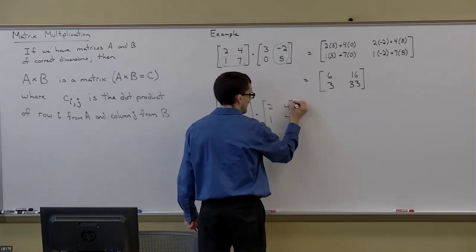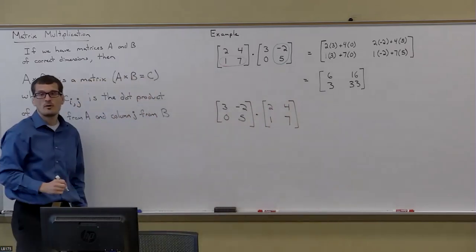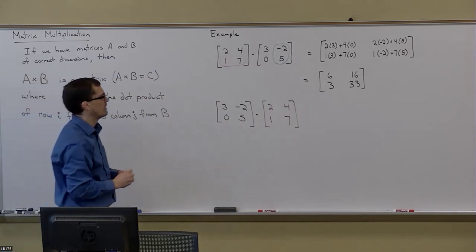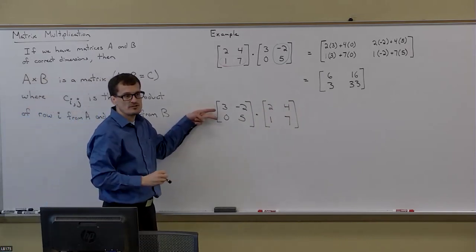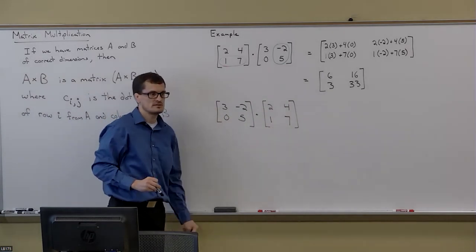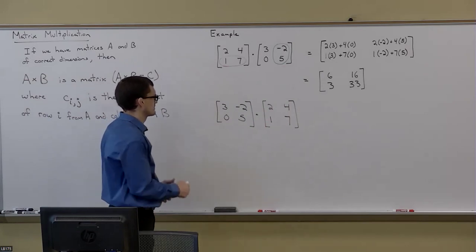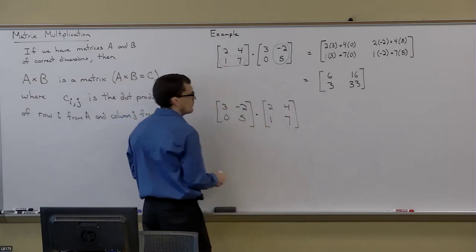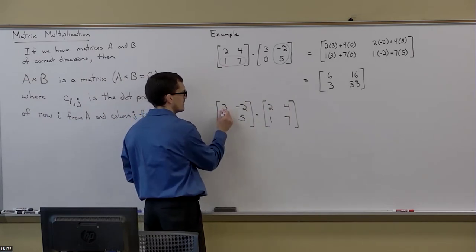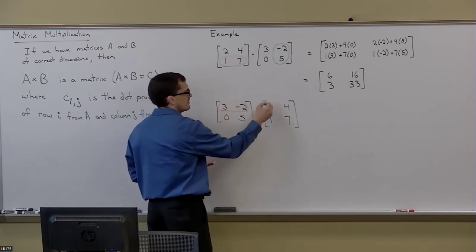If I multiply these same two matrices, but in the reverse order, now I'm using the rows from this one and the columns from this one. So what you would do is take row 1 times column 1.